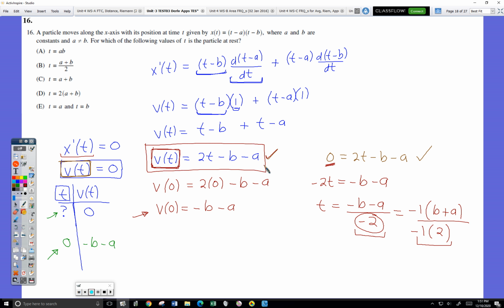Put in a velocity and get a time, put in a time and get a velocity. Perfect. So we now have a time. You have the time of A plus B over 2. So I'm going to put that time into this equation.